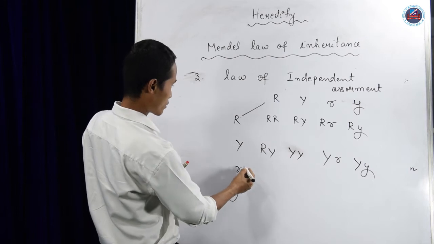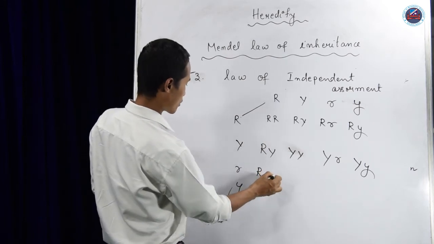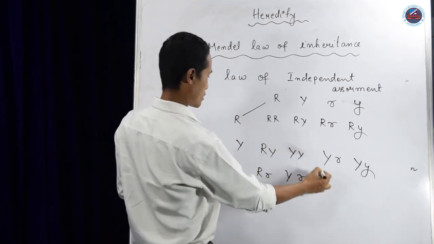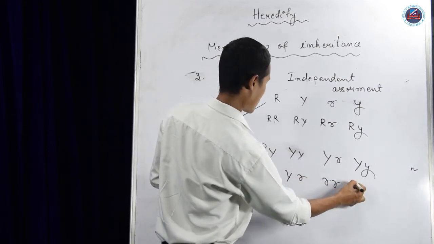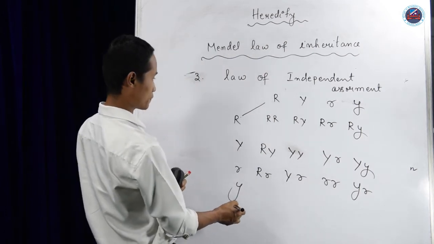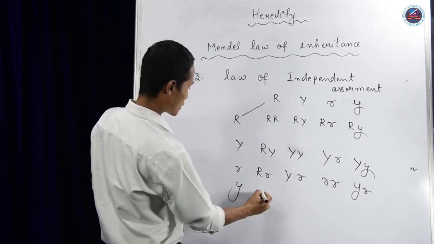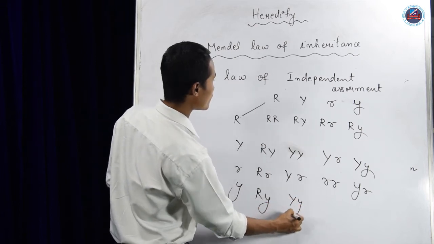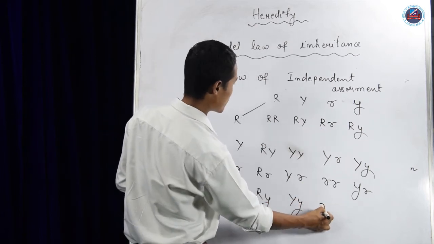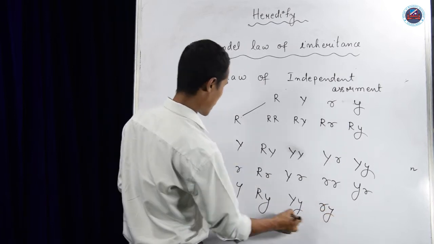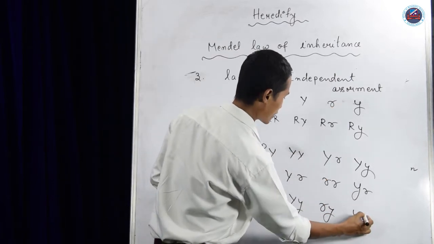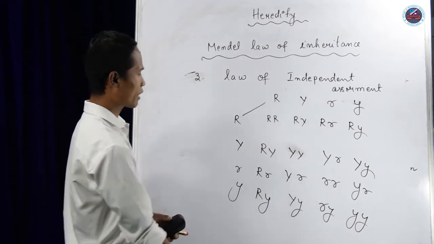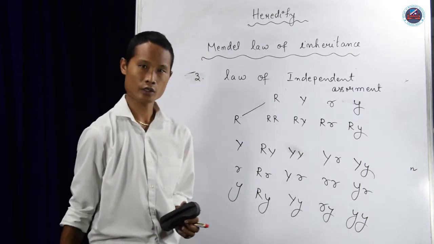Okay, so this is capital R, small r, capital Y, small y, and so on. With the help of a Punnett square, we can make this type of distribution.